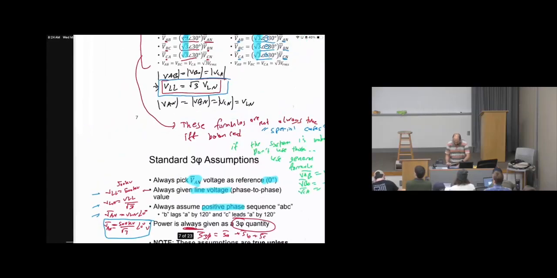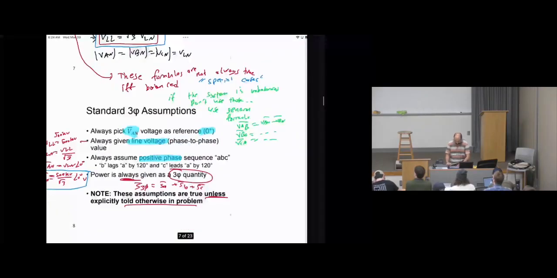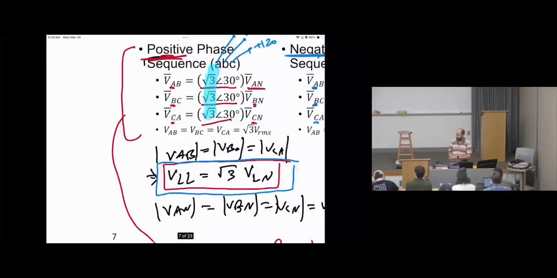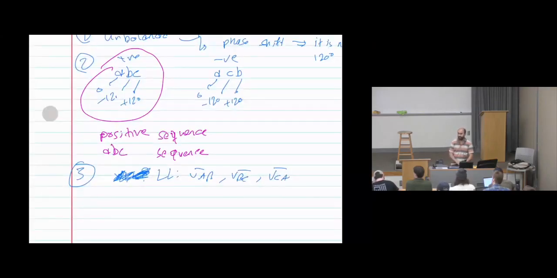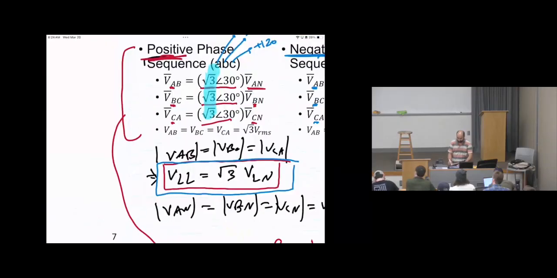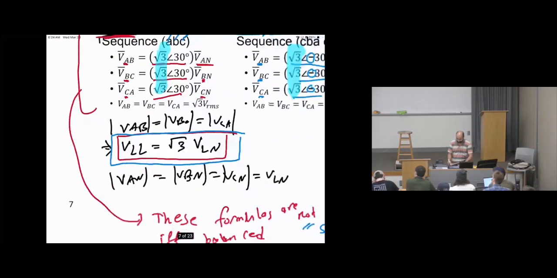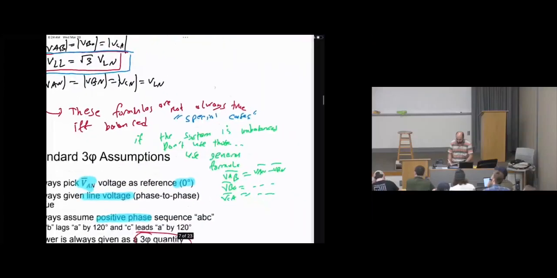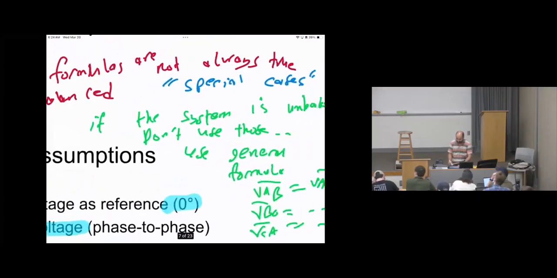So here in the notes, there are formulas. Our sequence is positive, so we will say VAB equals root 3 angle 30 times VAN. But it's unbalanced. We said these formulas are not always true. If the system is unbalanced, don't use this.